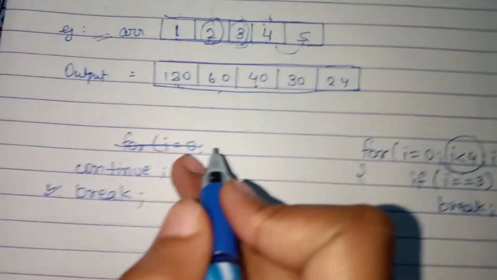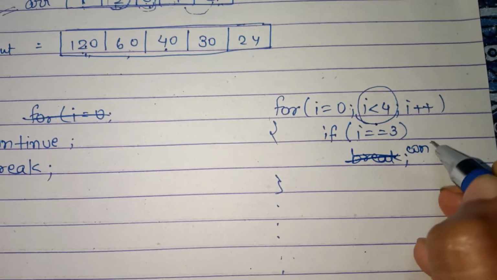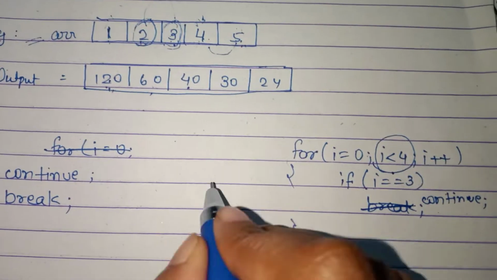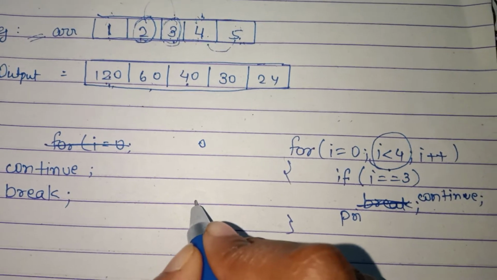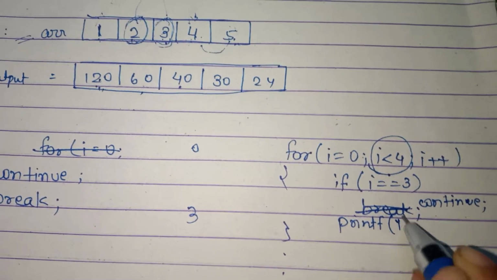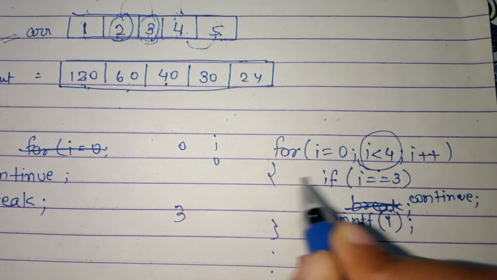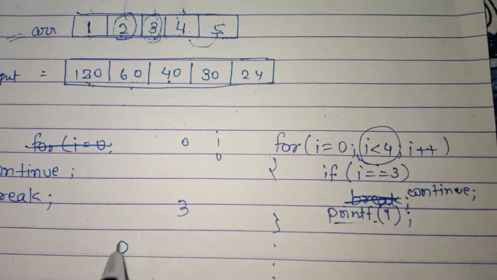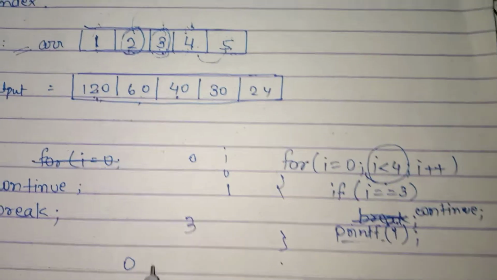And what does the continue statement do? If instead of break I simply write continue here, let's suppose I want to print all values of i from 0 to 3, so printf i. What will it do here? For i equal to 0, the first time i will be 0, it will just print 0. Then again i plus plus, it will become 1 and it will print 1.